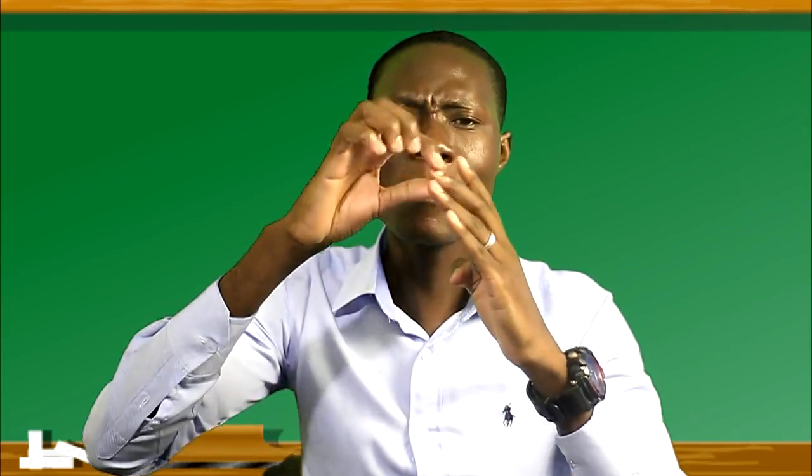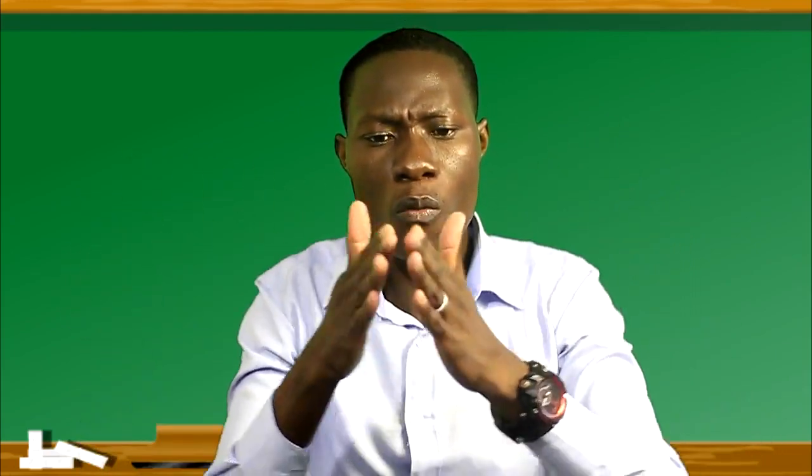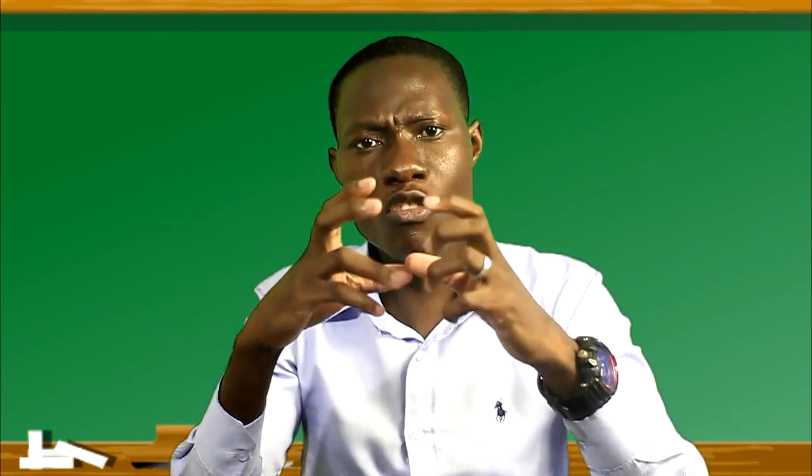Now, I'm interested in the muscle layer. This muscle layer of the wall of the intestine has the ability to contract and relax. As these muscles contract and relax, they help food to move from one portion of the intestine to another in a wave-like movement called peristalsis.